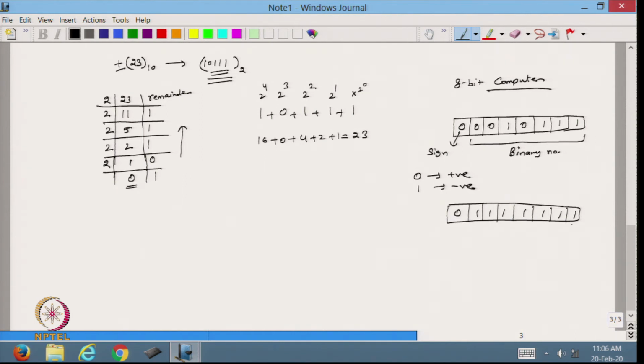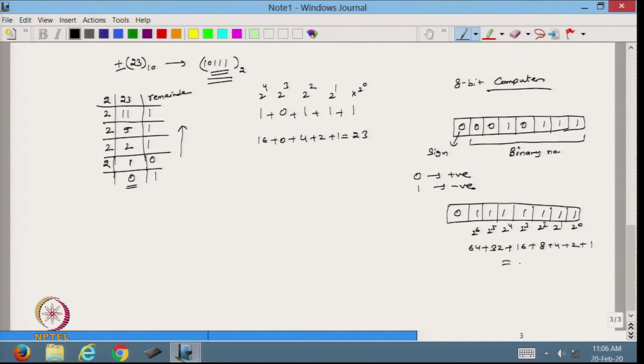In this case the maximum number is 2 raised to power 6, 2 raised to power 5, 4, 3, 2, 1, 0. So it gives you 2 raised to power 6 is 64 plus 32 plus 16 plus 8 plus 4 plus 2 plus 1.